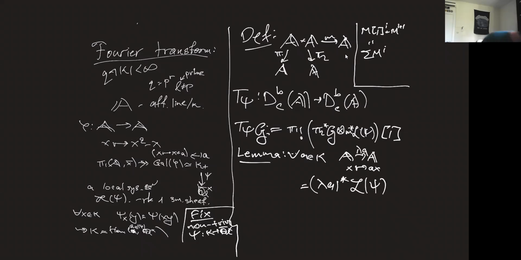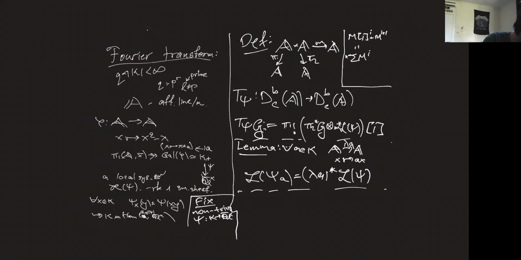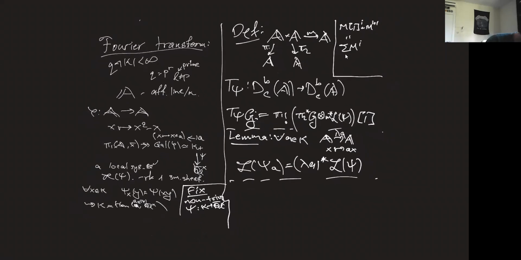So if you pull back along the multiplication by a map the local system L psi, you get L psi a. Just a small observation, which together with base change immediately implies the following.